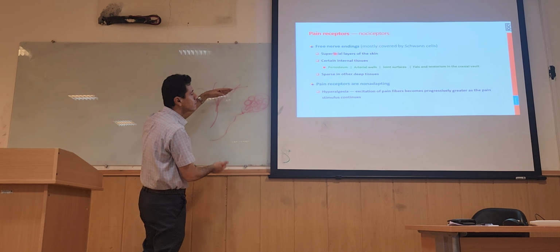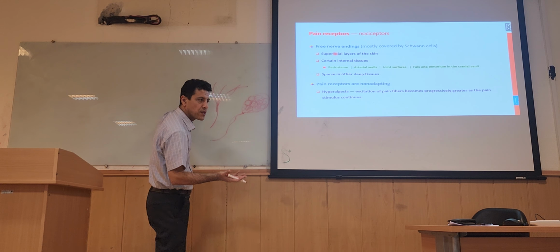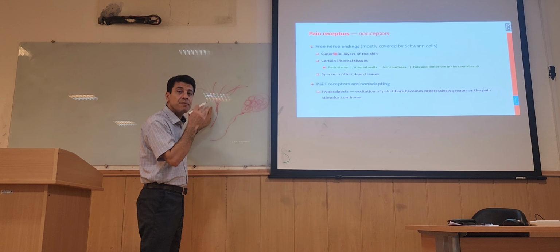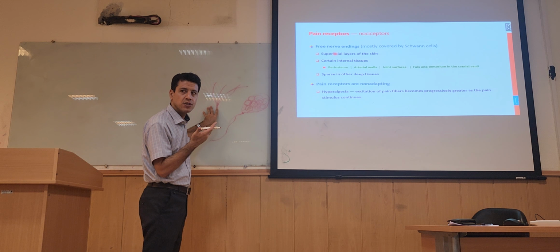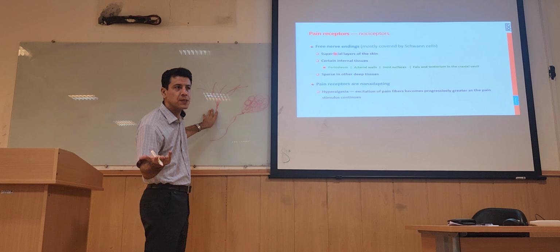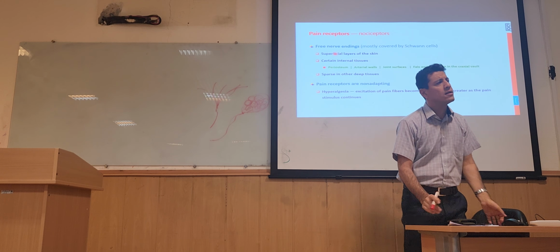But free nerve endings are free. The tip doesn't have anything. All of these free nerve endings are the same in structure, but their function is different. Some of them are important for itch, others for tickle, others for pain, others for cold, heat, and so on.